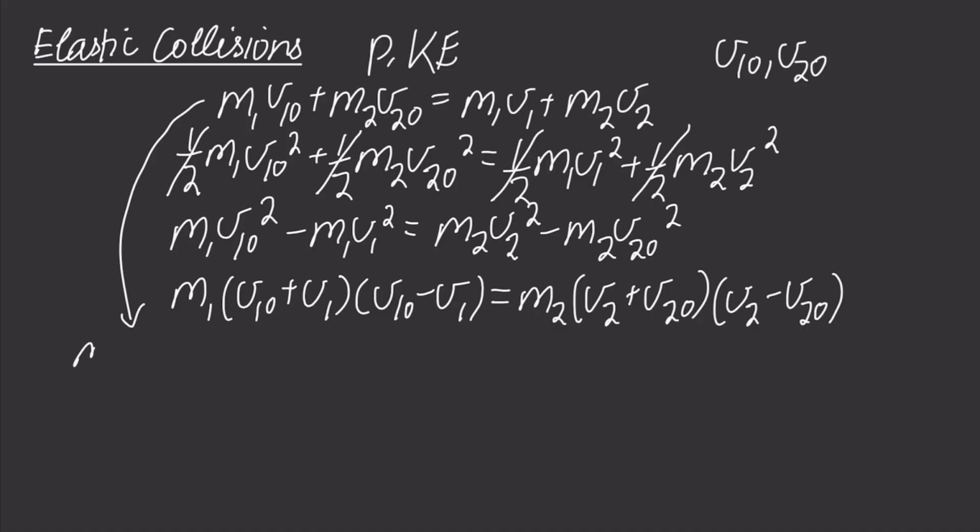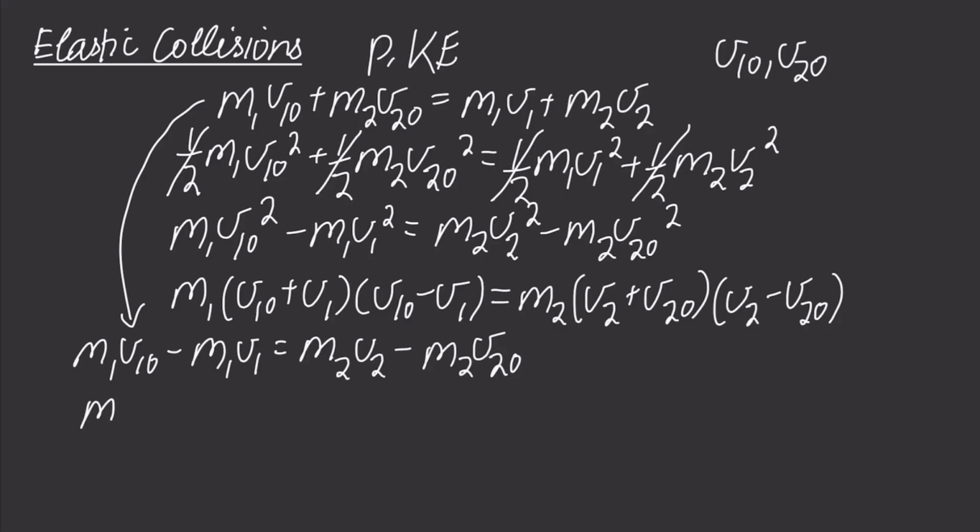We know that m1 v1 naught minus m1 v1 equals m2 v2 minus m2 v2 naught. Again, we distribute the masses out to get m1 times (v1 naught minus v1) equals m2 times (v2 minus v2 naught).